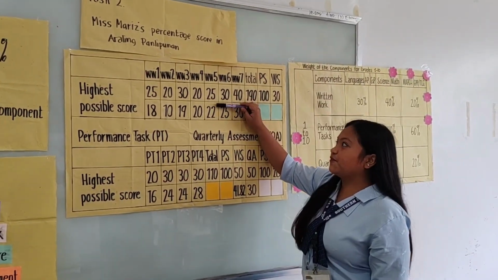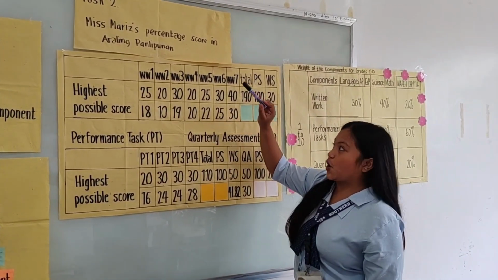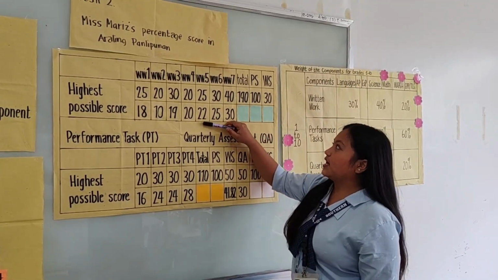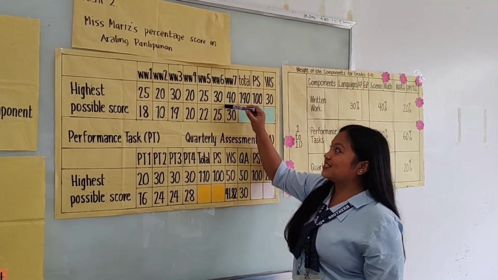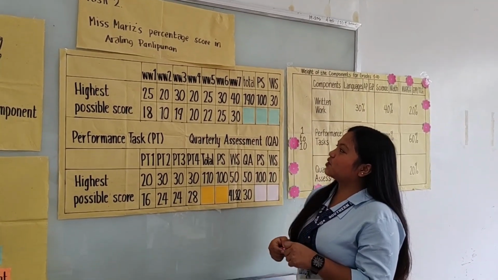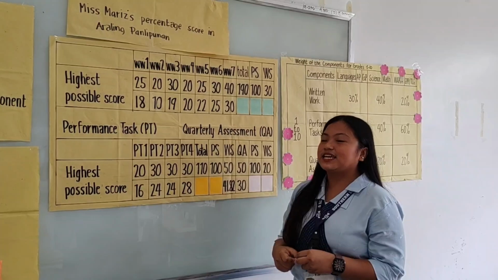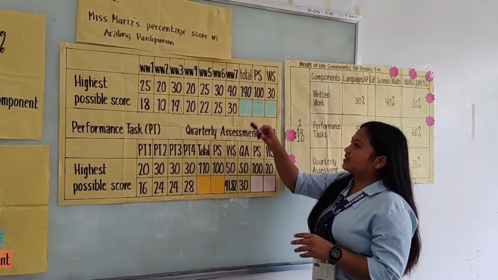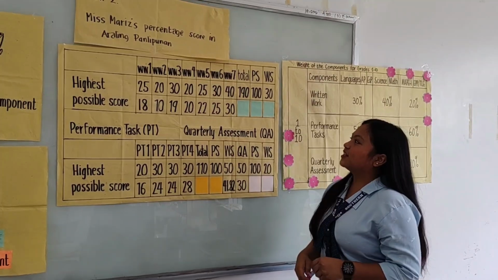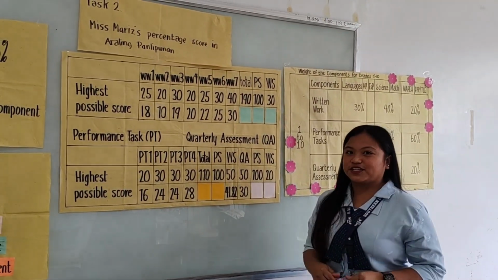In written work 5, the highest possible score is 25 and the raw score is 22. In written work 6, the highest possible score is 30 and the raw score is 25. And lastly, in written work 7, the highest possible score is 40 and the raw score is 30.